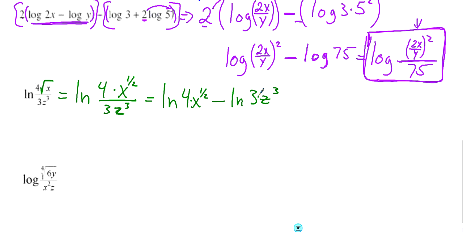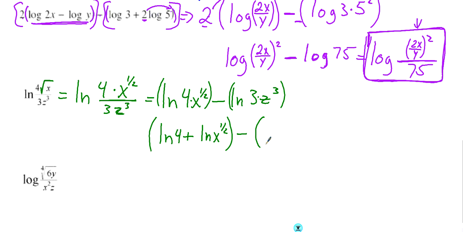Okay? So again, I'm going to put these in parentheses just so that I know in case there's any problems. So these parentheses, the natural log of 4 plus the natural log of x to the 1/2, end parentheses, minus, now we split these up, the natural log of 3 plus the natural log of z cubed.